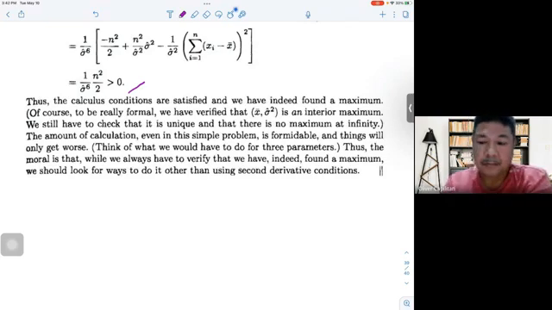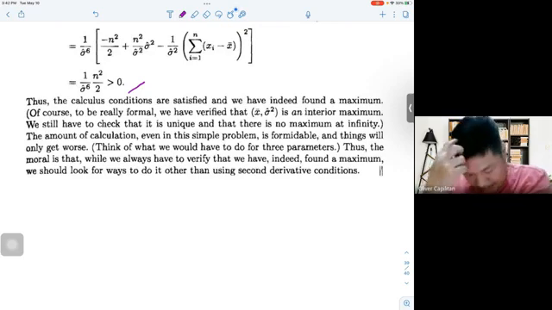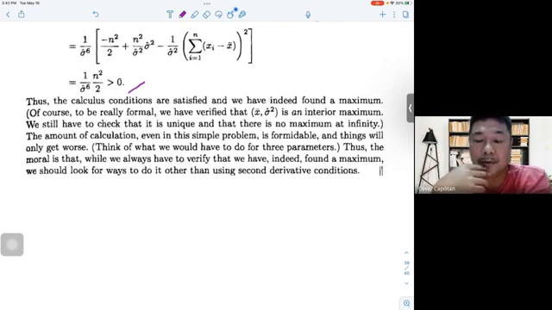So, itong last na part. And then we can also apply yung invariance property, if we want to determine the maximum likelihood estimator of a function of our parameter.